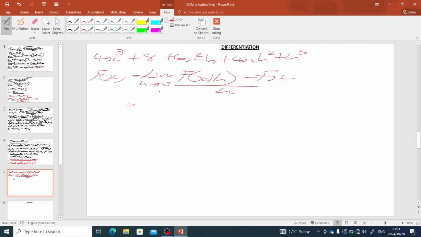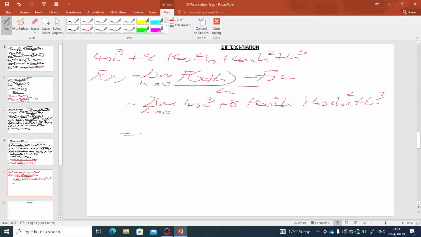From here we are substituting with what? With 0. Writing the whole formula, it will be the limit as h approaches 0 of 4x cubed plus 8 plus 6x squared h plus 4x multiplied by h squared plus h cubed.